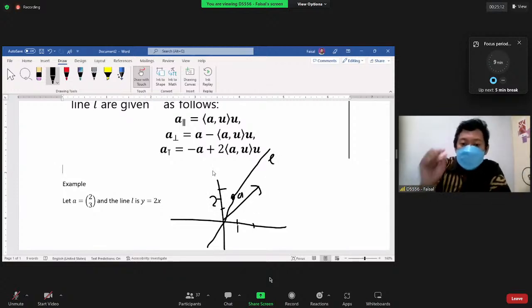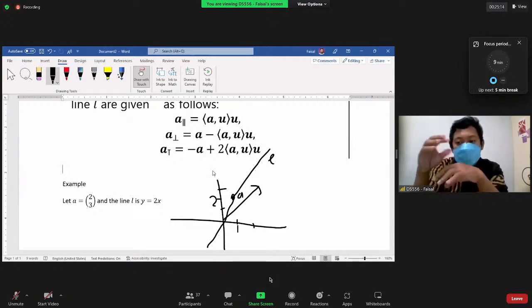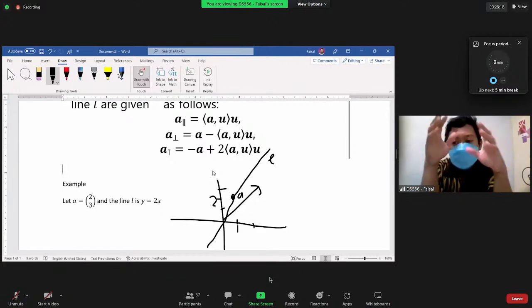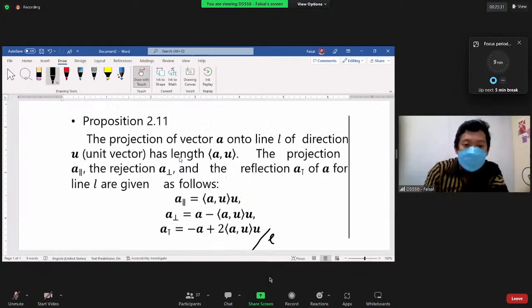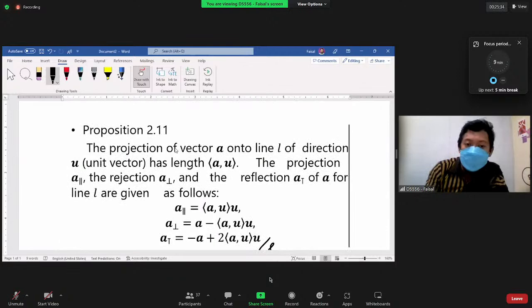Now we want to project the vector A onto the line L. We want to find the shadow on the line L, and we want to find the rejection of A and the reflection using the formula in proposition 2.11.